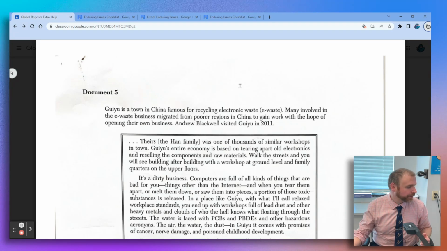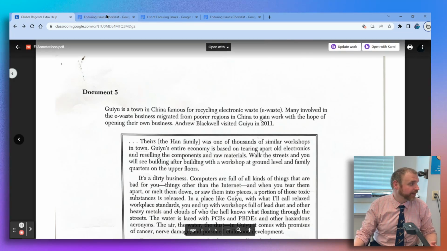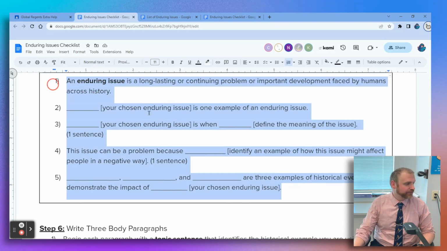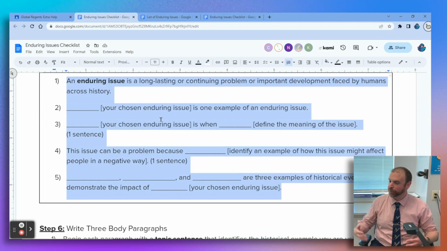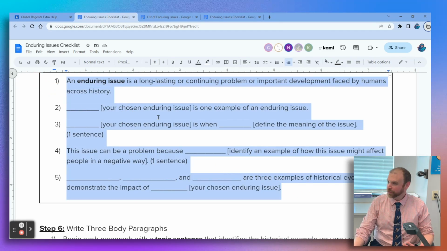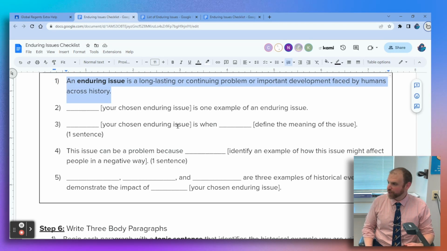So what I thought we would do is try to write an introduction paragraph for an enduring issues essay. If you look at the checklist under step 5, I give my kids these sentence starters to help with that process. I like to use a 5-step process for writing an introduction paragraph in which we start with the definition of what an enduring issue even is.